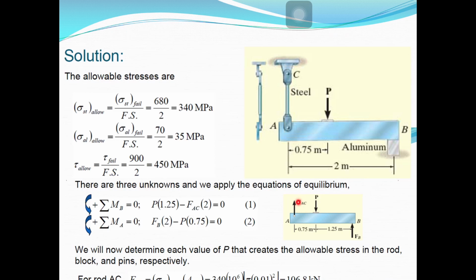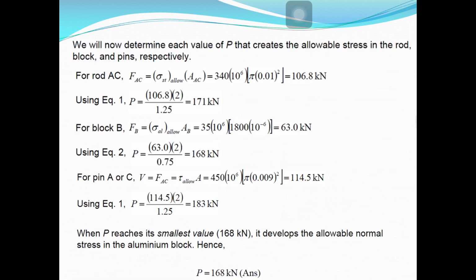You have P, you have FAC, you have FB here. Using the equations of equilibrium, you find the moment at B and moment at A. You got this equation in terms of P. And then we will now determine each value of P that creates the allowable stress in the rod, block and pins.